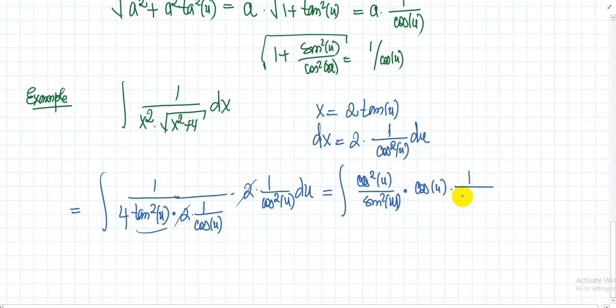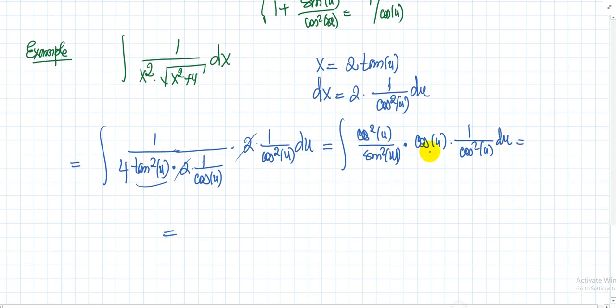Multiplied by 1 over cosine square of u du. Let me simplify this one and this one, and I'm going to have cosine of u divided by sine square of u du, which is doable, right?